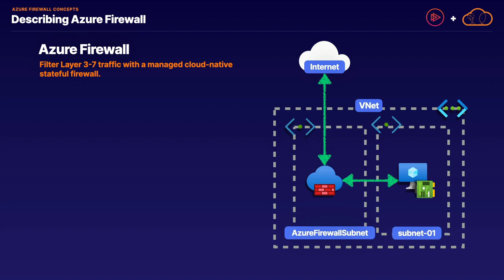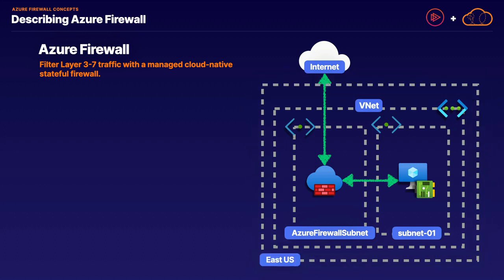While we deploy our Azure firewalls into a purpose-built Azure Firewall subnet inside of a virtual network in a specific region, we can filter traffic from other regions to this firewall for peered networks, hybrid networks, on-premise, as well as in other cloud providers. But for the best performance, we create a firewall per region.